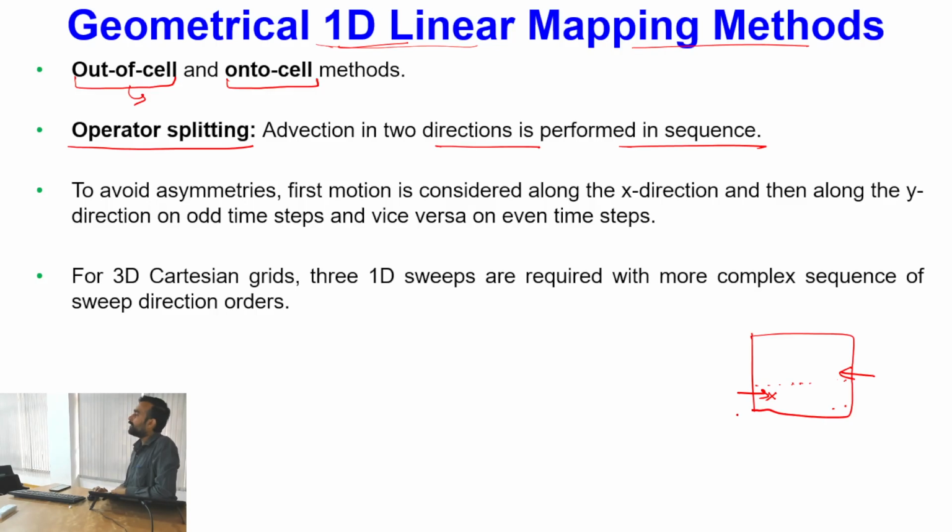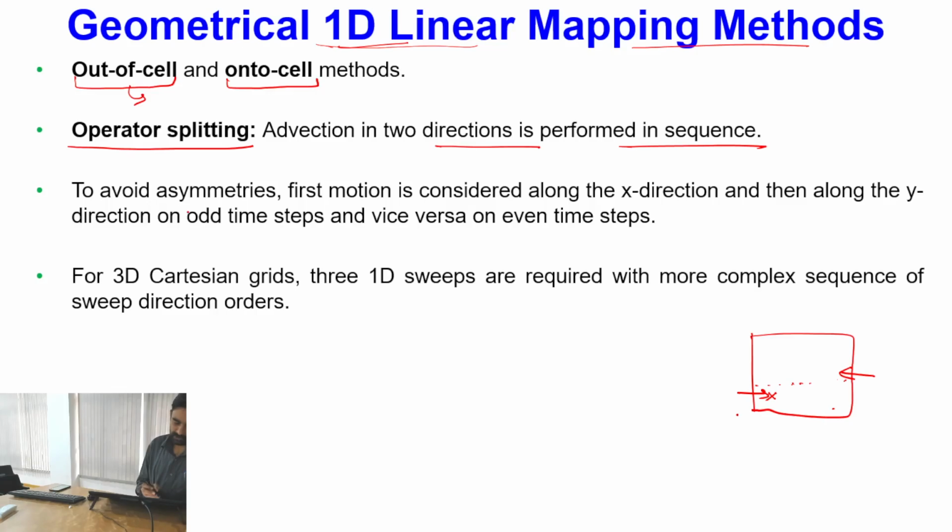So the way we do sweep direction in alternate direction implicit schemes, in the similar way we also have to employ the concept of sweeping the advection direction whenever we use operator splitting for interface advection.